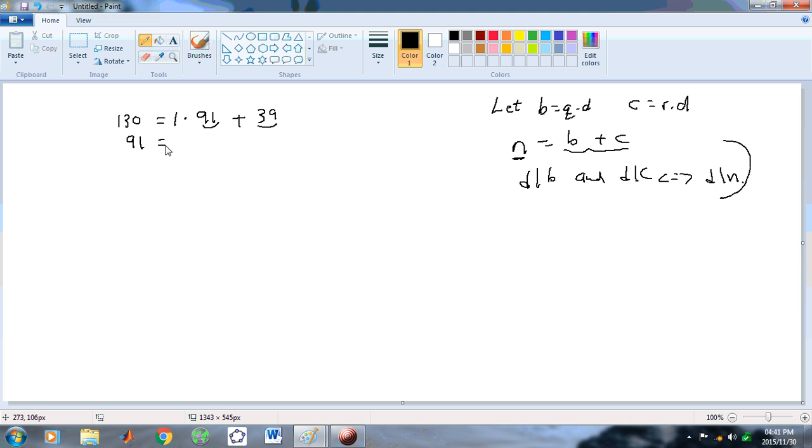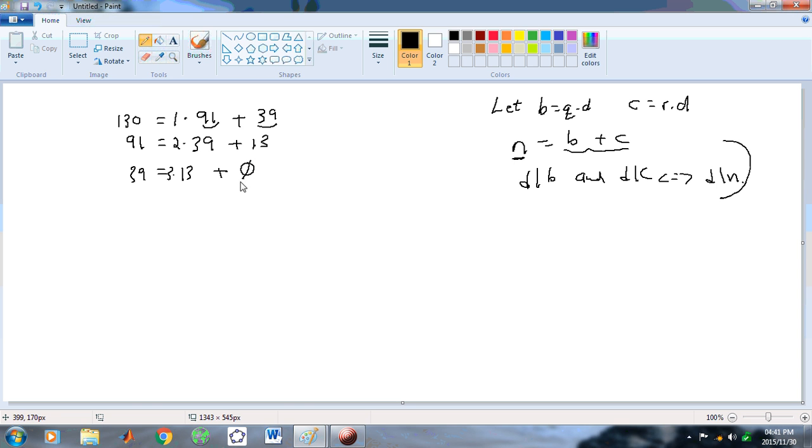So we'll say 91 and 39, and we know that it only goes into 91 two times, doesn't it? With a remainder of 13. Okay, so in this case, we can continue the process and say that 13 divides into 39 three times exactly, and there is 0 remainder.